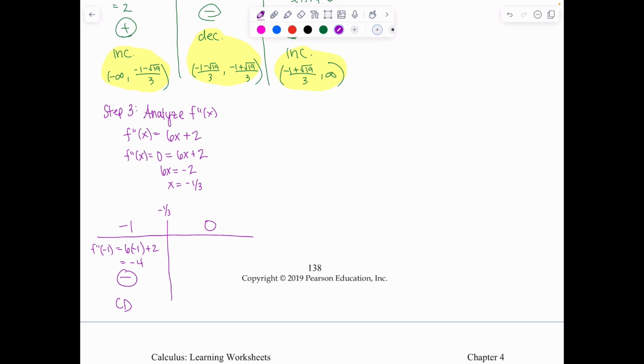Our second derivative at 0, 6 times 0 plus 2 gives us 2. That's positive, so it's concave up. So it's concave down from -infinity to -1/3, concave up from -1/3 to positive infinity. And we have our inflection point.